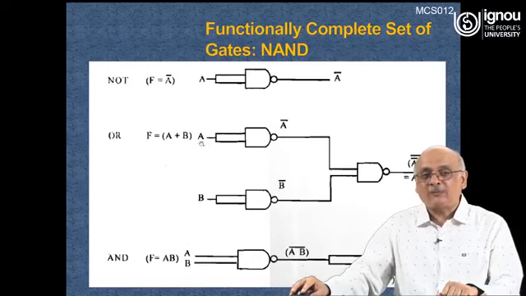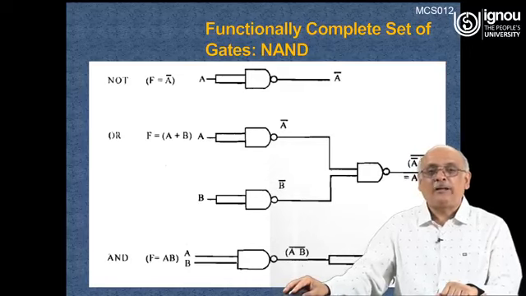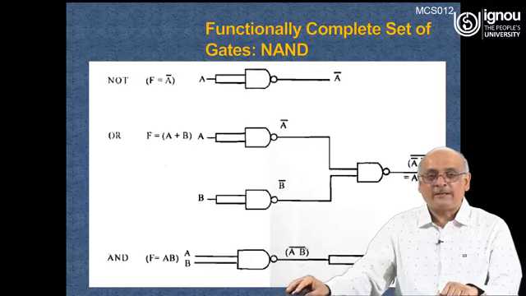Invert it twice, you will get A prime, B prime, and then once again pass through inversion, that is a NAND gate, which will give me the expression A prime B prime, whole prime, which is equivalent to A plus B. So this part you can refer to for further reading.